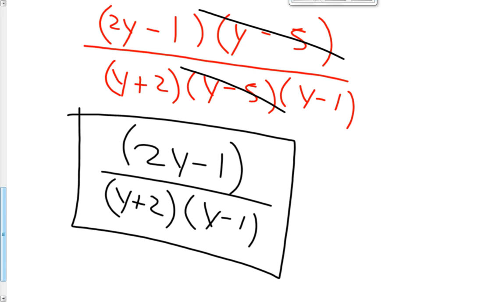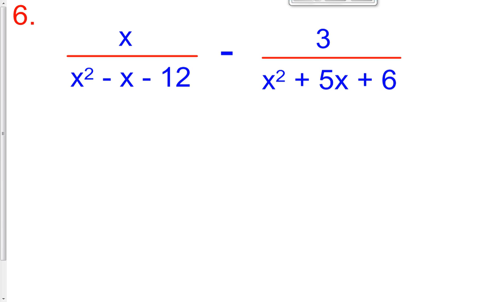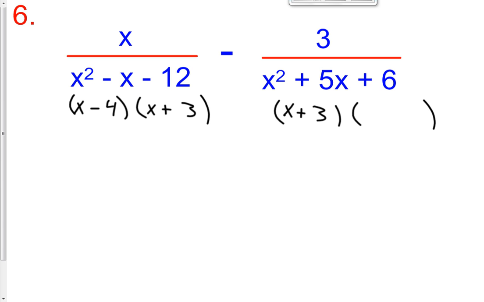You guys pause the video, please. Try the last one on your own. Okay, hopefully first you factored, and you got x minus 4 and x plus 3. And you factored this one, and you got x plus 3 and x plus 2. So your common denominator, they both have an x plus 3 factor.